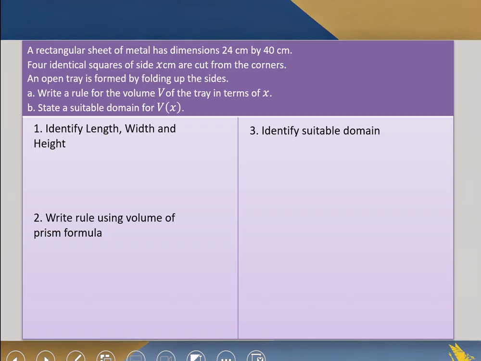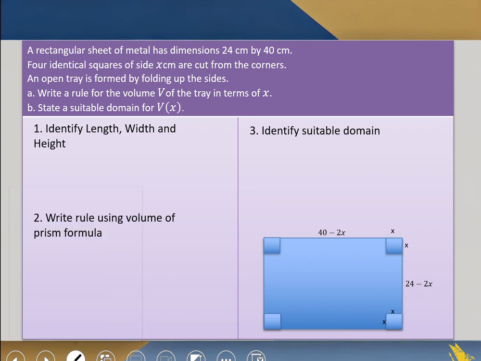So the first thing we need to do before we even identify the length, width, and height is draw a picture. So I've drawn a picture. What I've done, and I'll get a laser, is we knew this here was going to be 40, but we're cutting out the length of x here and x here. So this actual length will be 40 minus 2x, and the height here will be x.